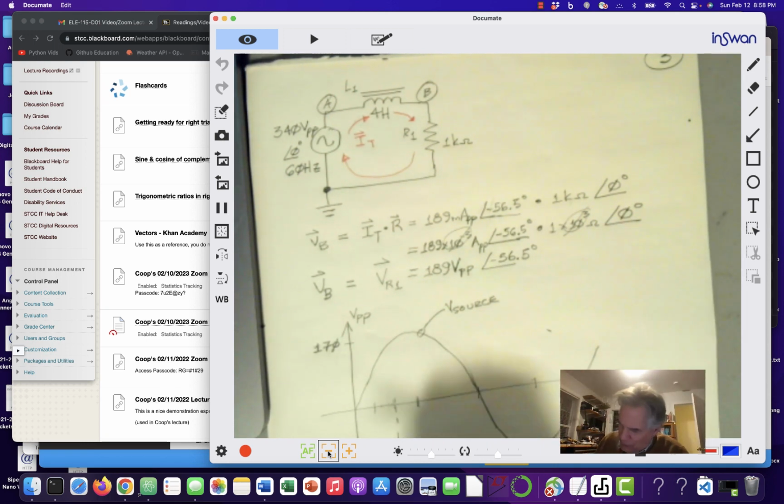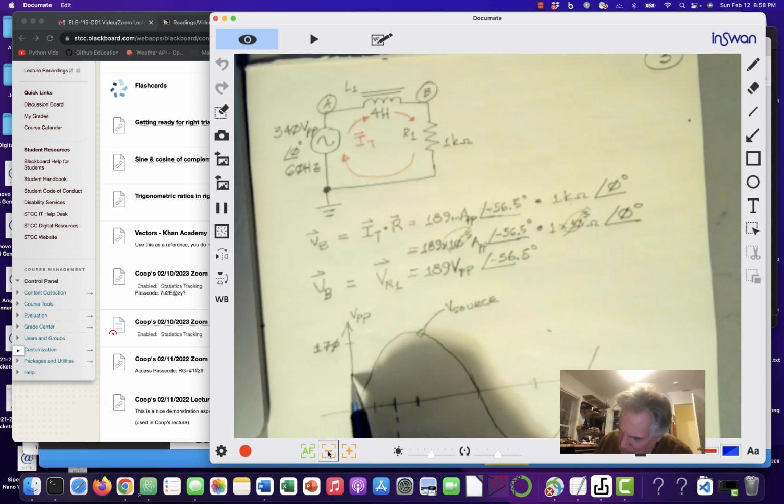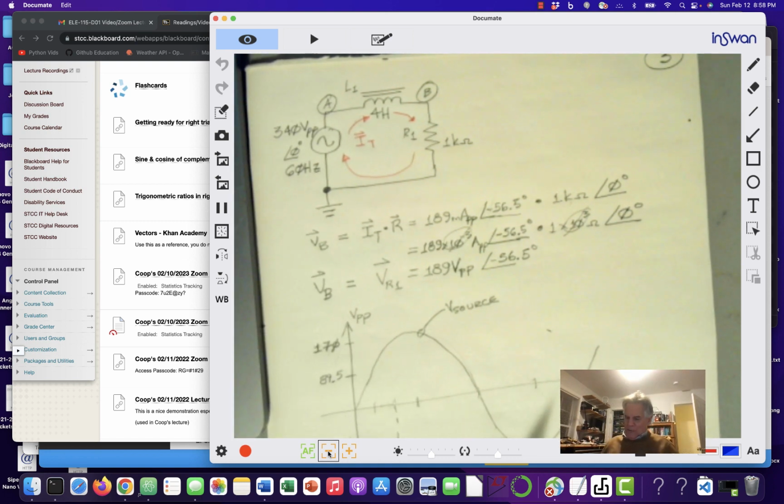So now the voltage is going to be at about 90, like 89.5, because we got 189 volts peak to peak.